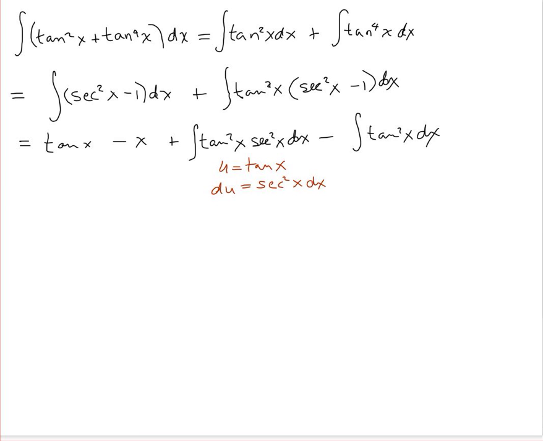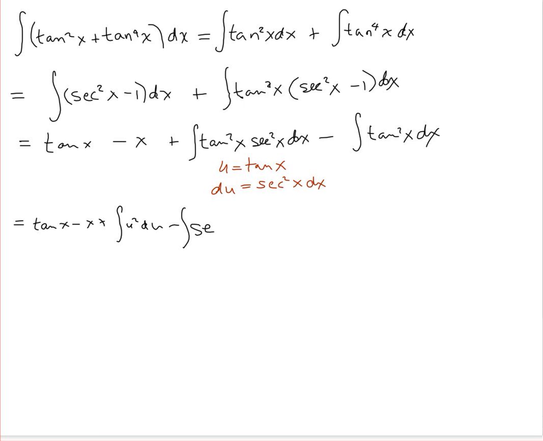And so this is going to be tangent x minus x plus the integral of u squared du plus the integral of, oh, that's minus. Let me do a minus here. Minus the integral of, we were writing tangent squared of x as secant squared x minus 1, right?